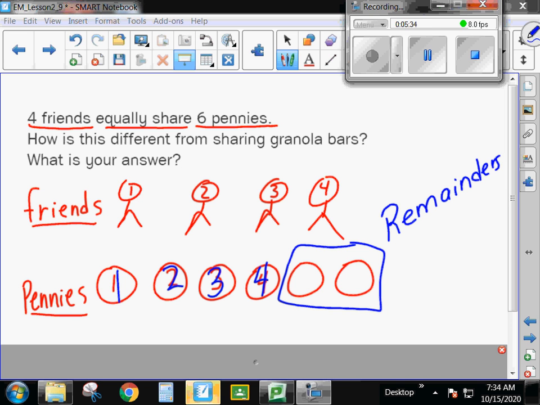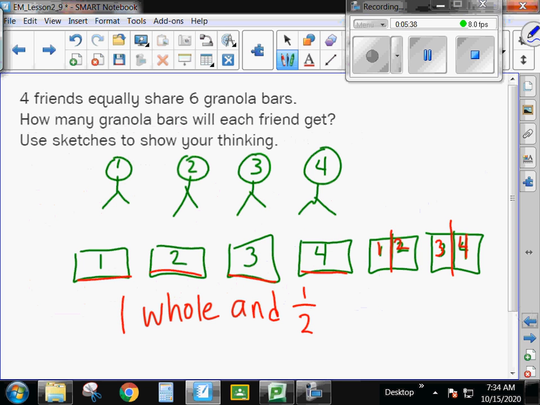Okay, so I want you to look at the two different problems. I'm going to go back to this granola bar problem. If I were writing a number model for this, I know that I'm equally sharing. So if I'm equally sharing, that's a clue word that I'm dividing. Now I always start with what I'm dividing up.